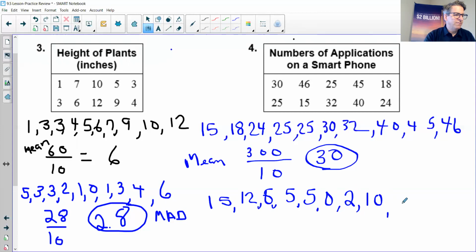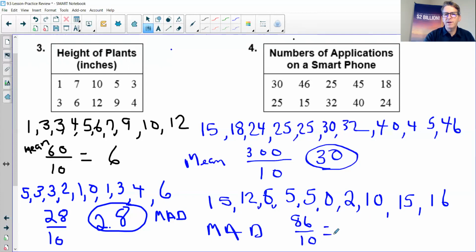Then there's a 15. And the last is 16. Okay, so I've got all those differences lined up. And if I add them all together, I get 86. So the MAD is 86 divided by 10, which is equal to 8.6 applications.